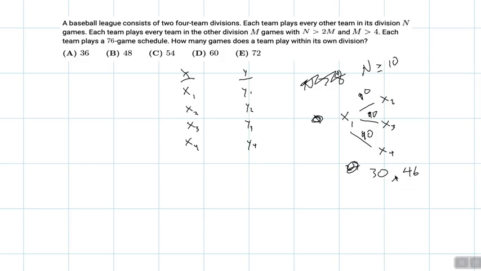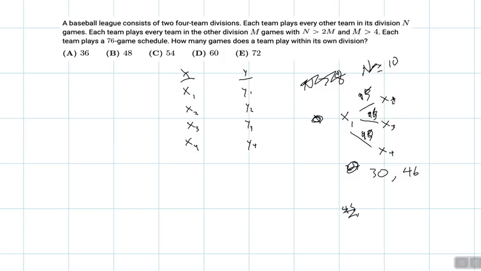So that doesn't make sense. Let's just ratchet this up. Let's say it's 15. So this is 45 games, and 76 minus 45. No, N is still not going to be greater than, or actually no. Let's go back to this.